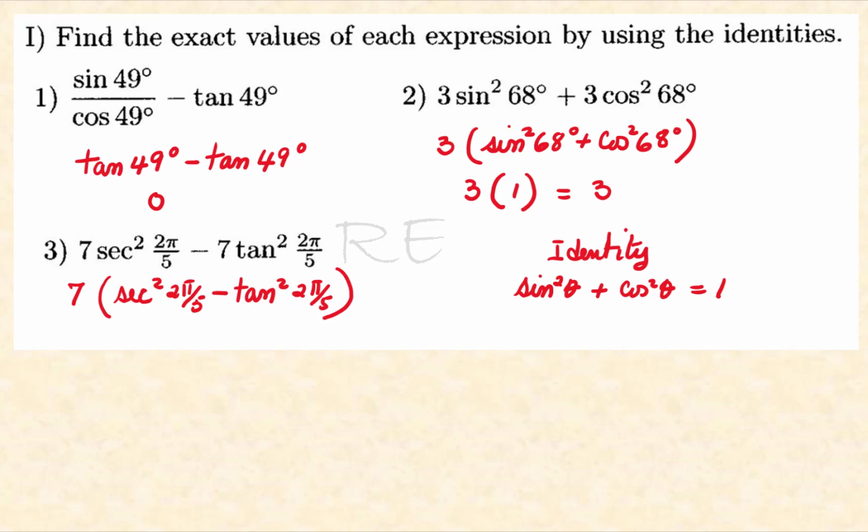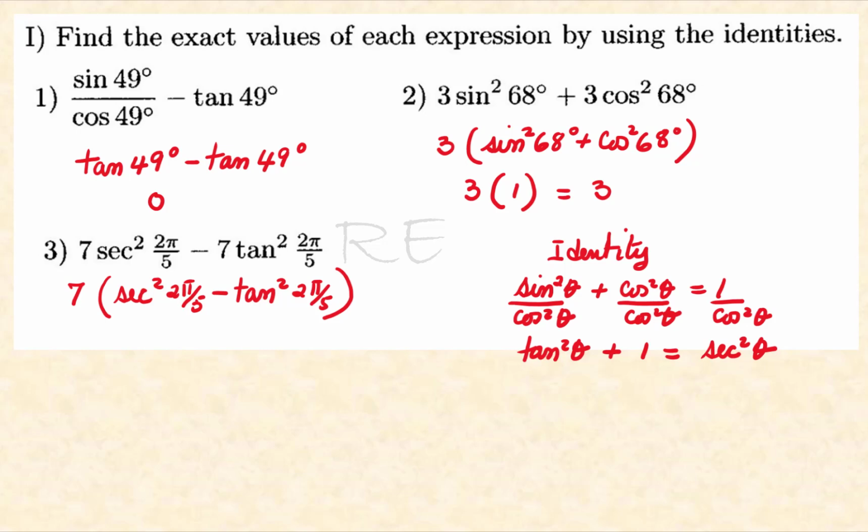If we want secant, we have to divide by cosine squared theta, both sides. And when we do, we get tangent squared theta, sine squared theta over cosine squared theta, plus 1 is equal to secant squared theta.